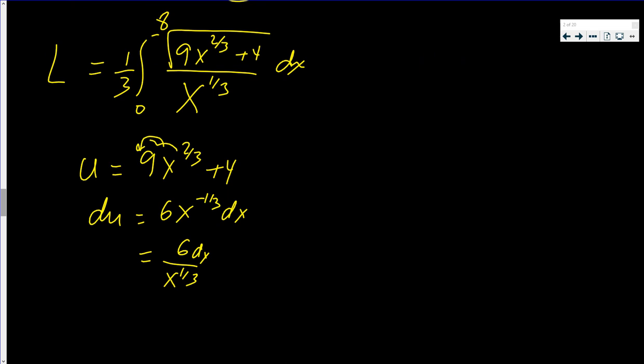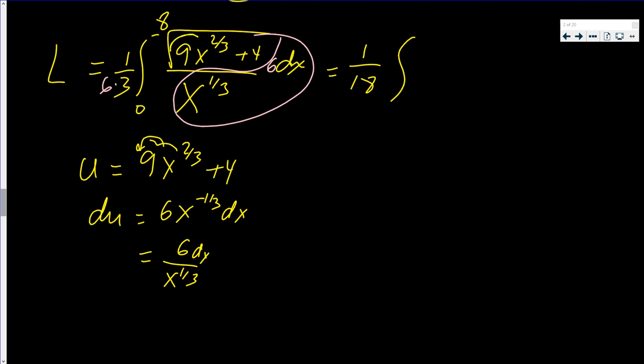Well, you know what? I have the dx over x to the third. Let me bring in a 6 in the top, and let me put a 6 in the denominator. Looks like this is going to work. So we have 1 over 18. 6 times 3 is 18. The integral, what's under the square root sign, as clear as day, I'm calling it u.